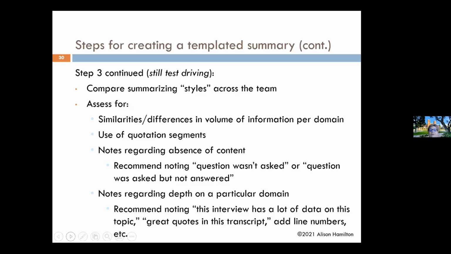You also want to look for quotation segments. So we do a lot of paraphrasing or snippets of quotations, because as you'll see, we're going to refer to the line numbers where that quotation can be found. So it's not like you're losing the quotation, you're giving yourself basically a table of contents to the quotation.